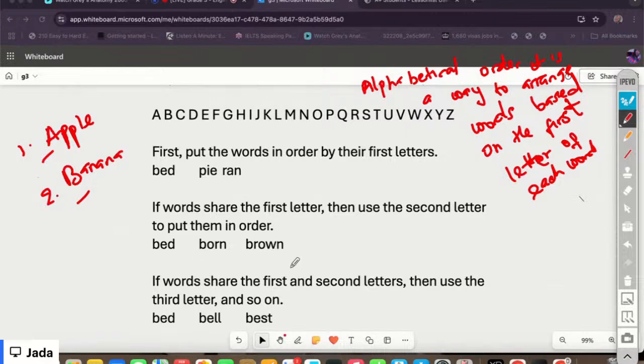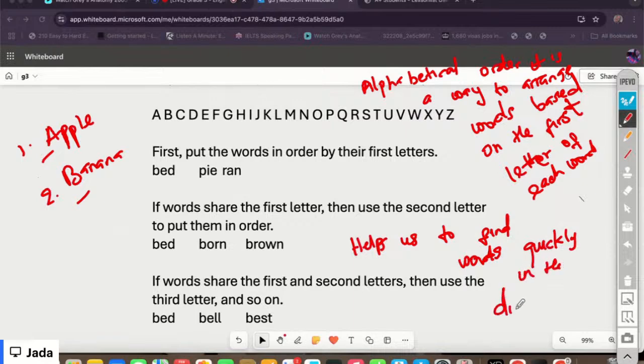So the alphabetical order actually helps us to find words quickly in the dictionary.